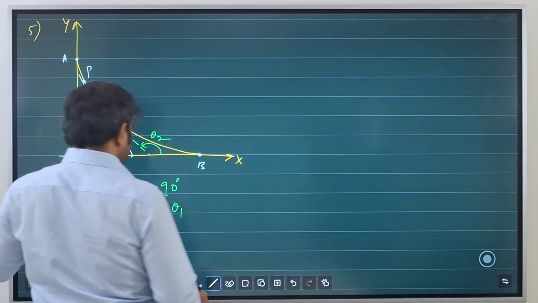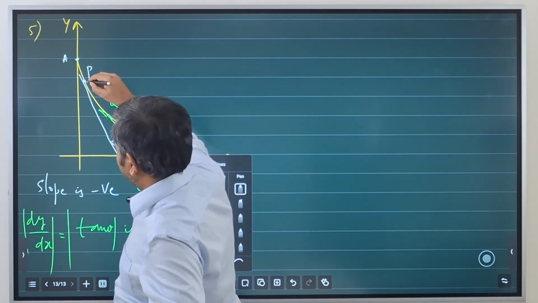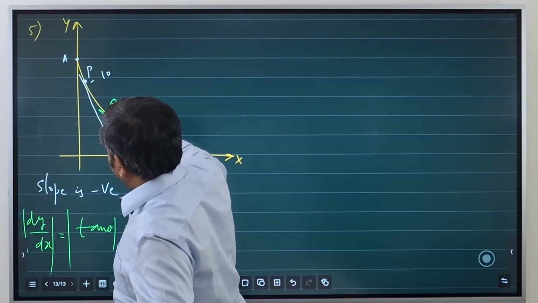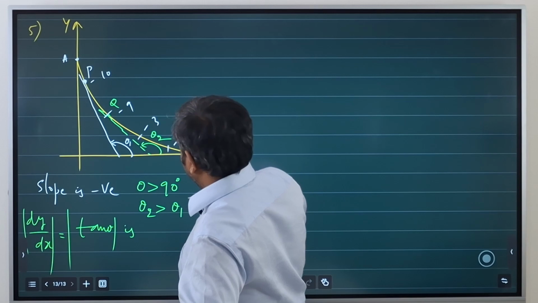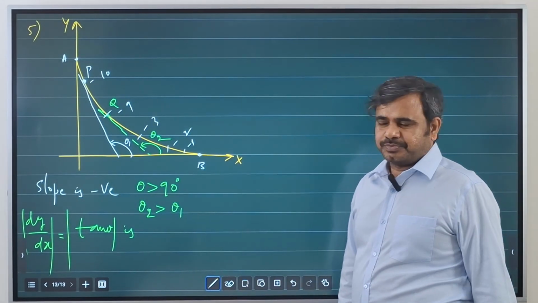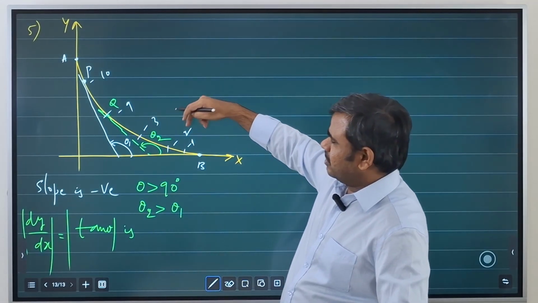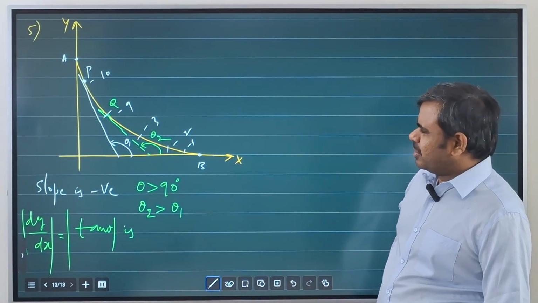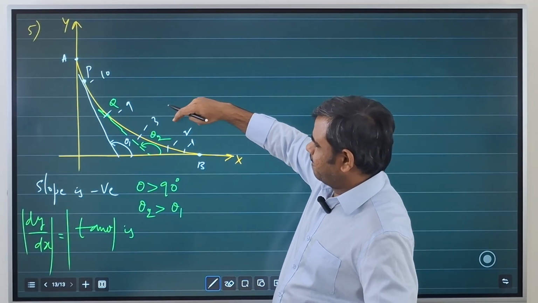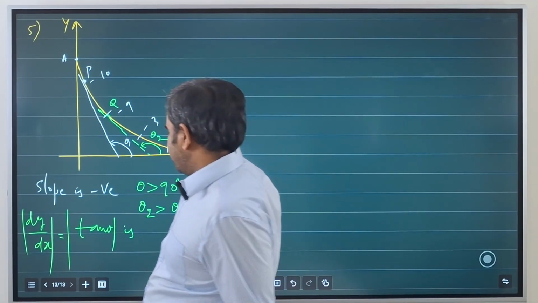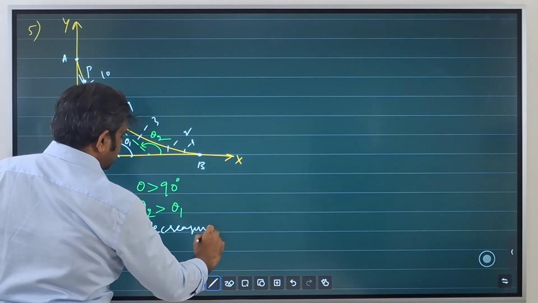Okay. In other words, if I have to give some example of numbers, if the slope is minus 10 here, slope becomes minus 9, slope becomes minus 3, minus 2, minus 1, like that. Look at the magnitude of the slope. Magnitude of the slope decreases. Okay. So dy by dx is equal to tan theta is decreasing.